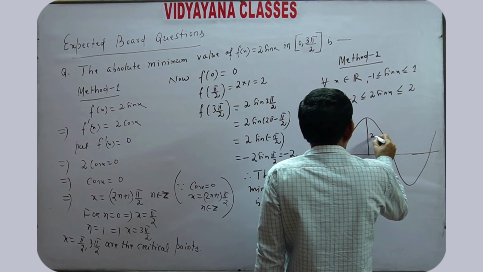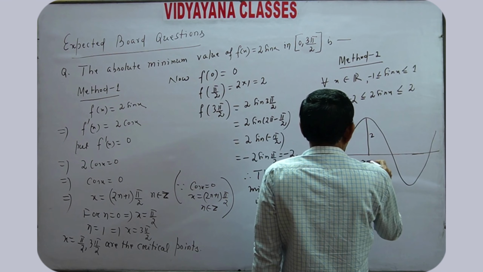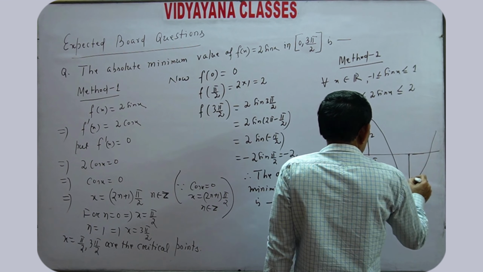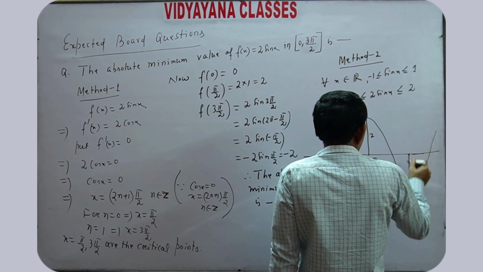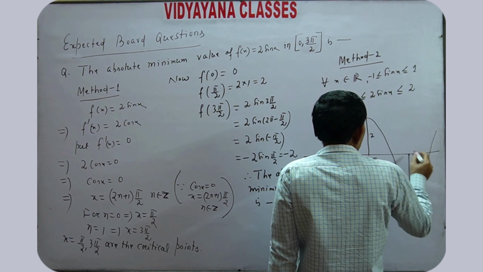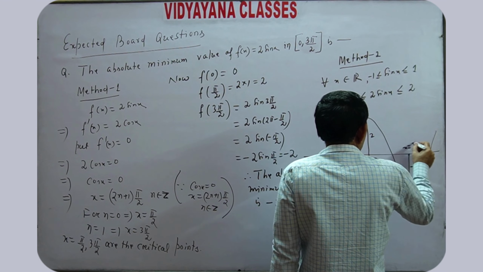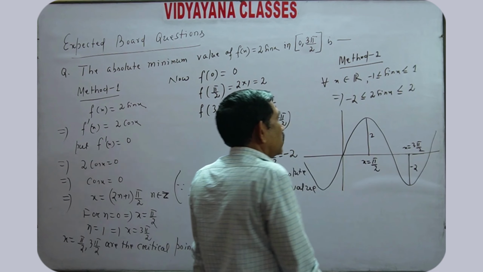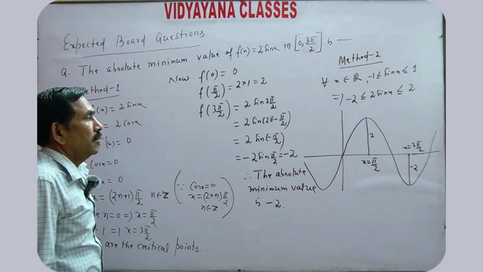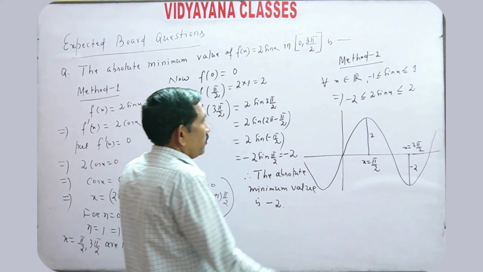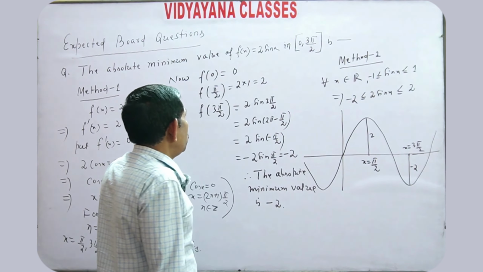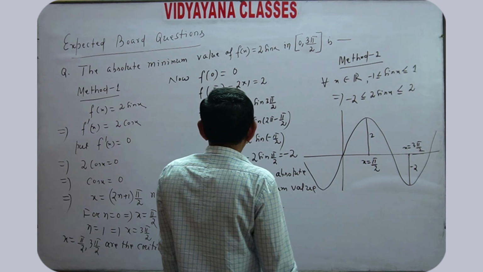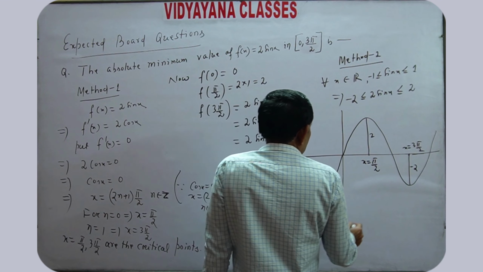It is 2 at x equal to pi by 2 and minus 2 at x equal to 3 pi by 2. Clear? The maximum value is 2 and the minimum value is minus 2 at x equal to 3 pi by 2.